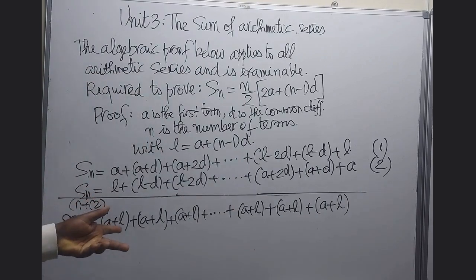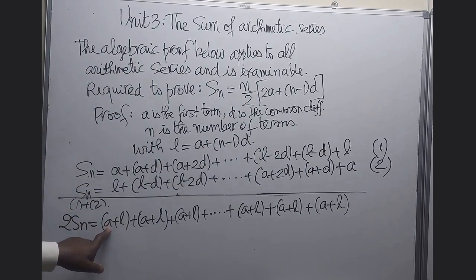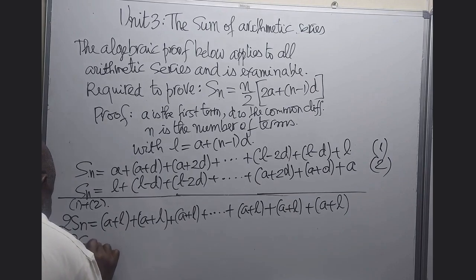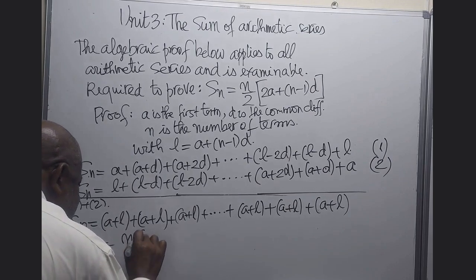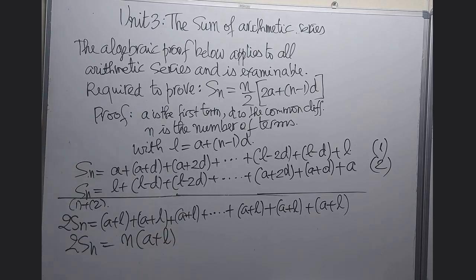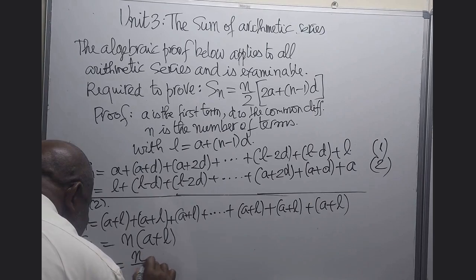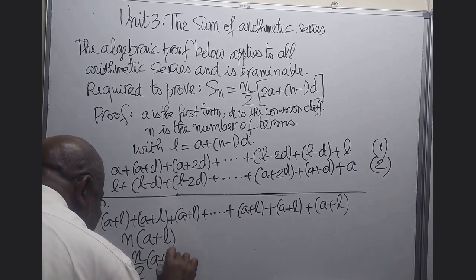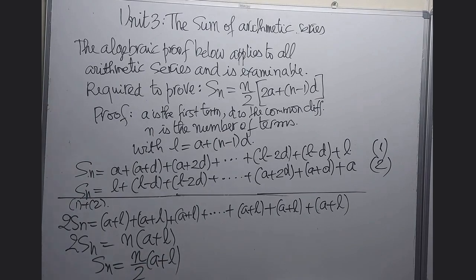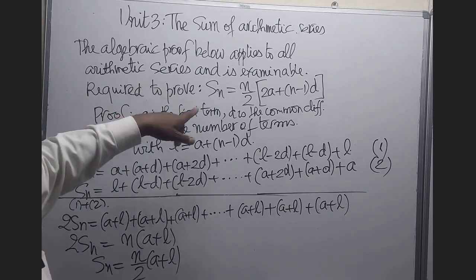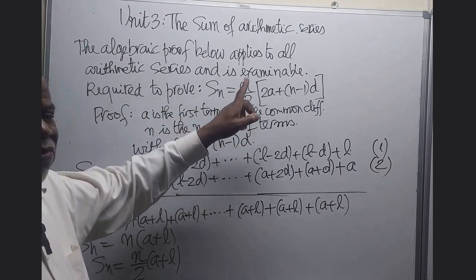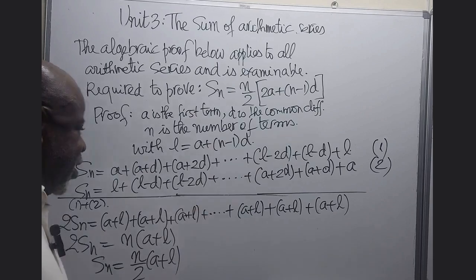As you can see here, on the right hand side, we'll be having n times a plus L terms. So we're going to have here 2 Sn is equal to n multiplied by a plus L. And finally, our Sn will be equal to n over 2 times a plus L. Now, as it was required to prove, we must get that Sn is equal to n over 2 times 2a plus n minus 1 times d.